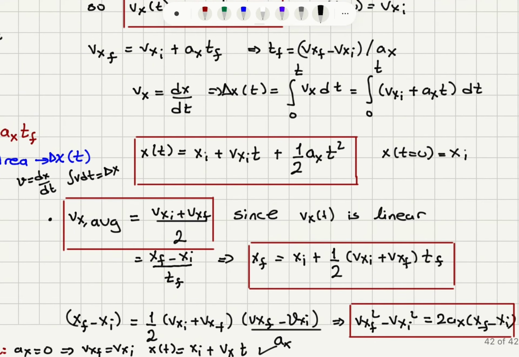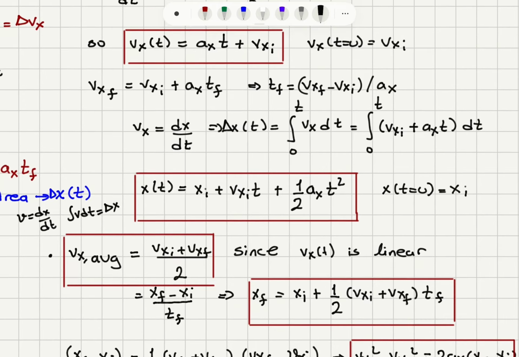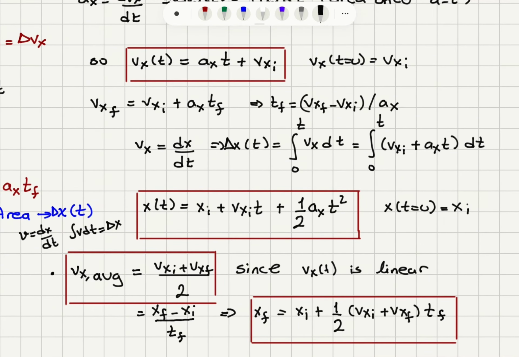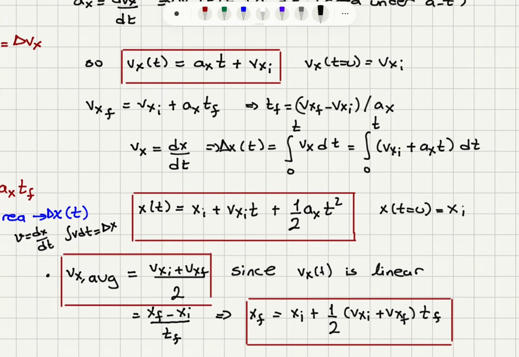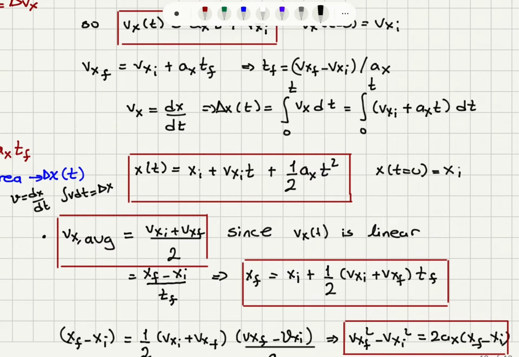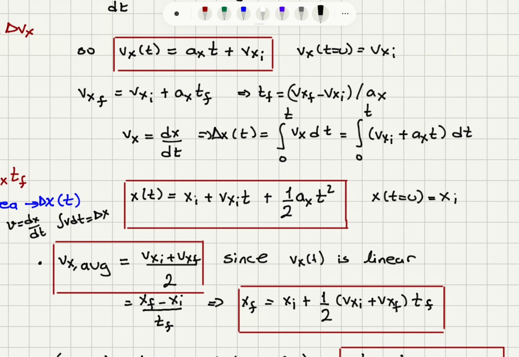So we have x final is equal to x initial plus vx initial times t plus 1 over 2 ax t squared, and for t final, I can substitute Vx final minus Vx initial divided by Ax. So basically, for Ax, I can substitute Vx final minus Vx initial over Tf.